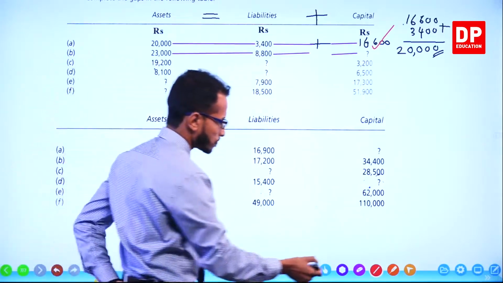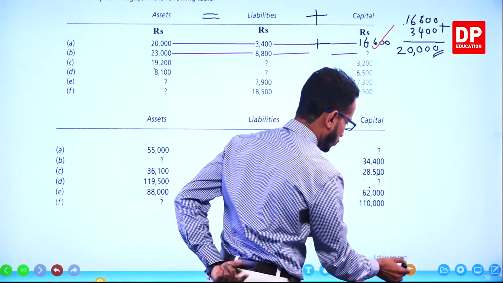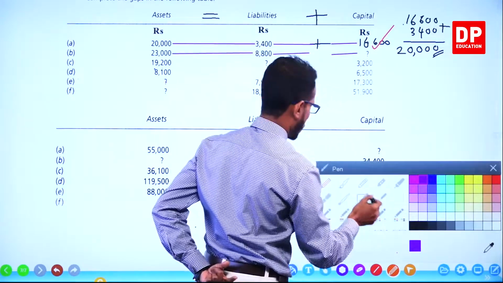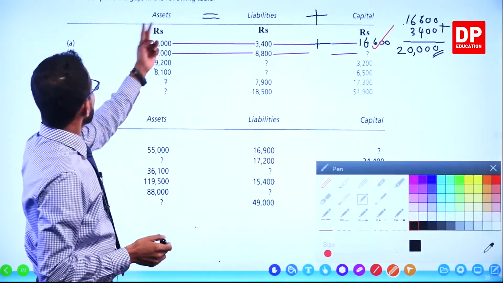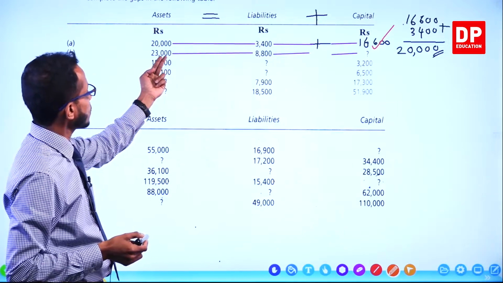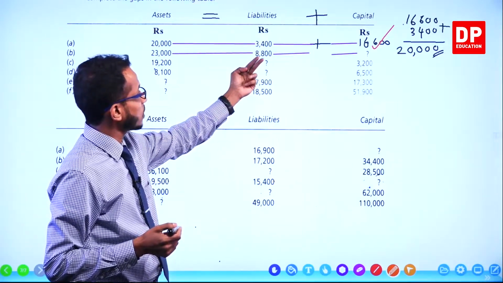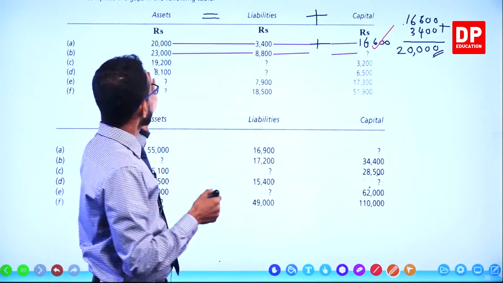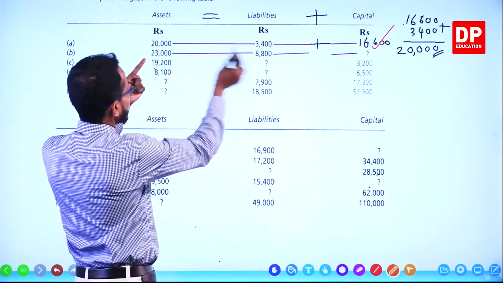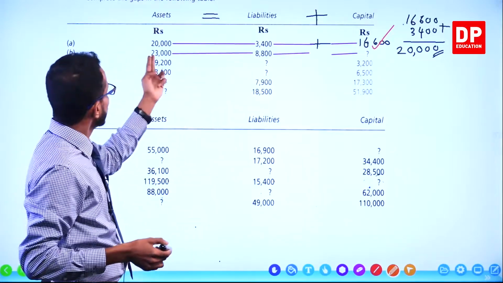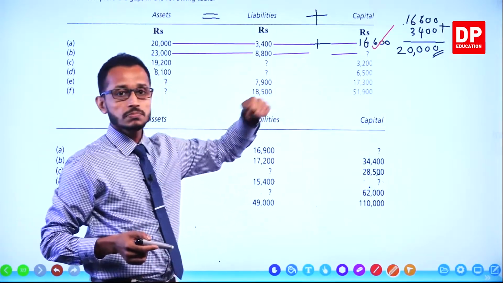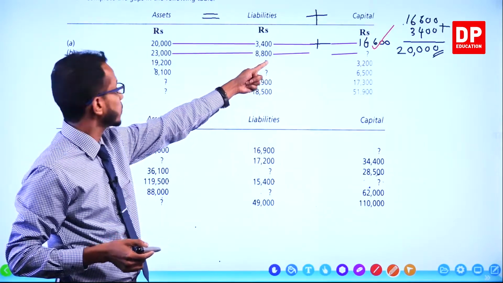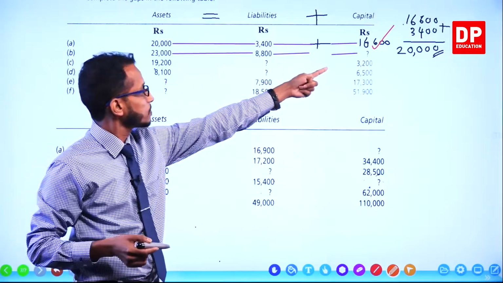So what should you do? We have assets worth 23,000 here. Out of that, liabilities 8,800. Simple, right? Subtract this from this. How much should be the capital?